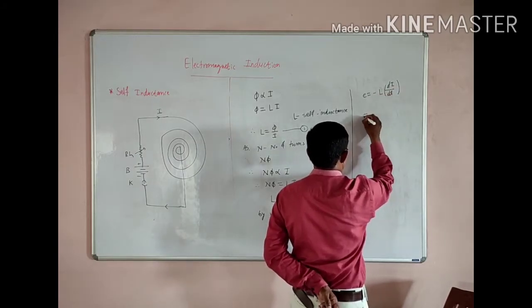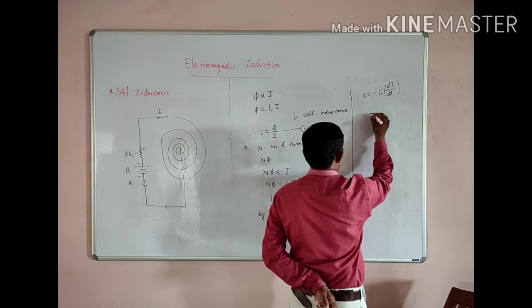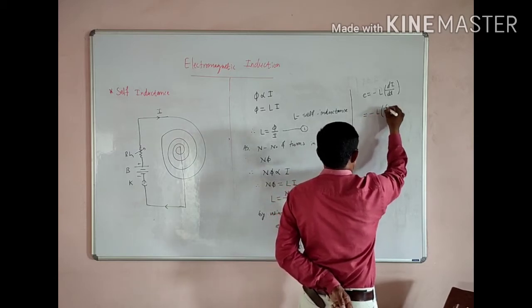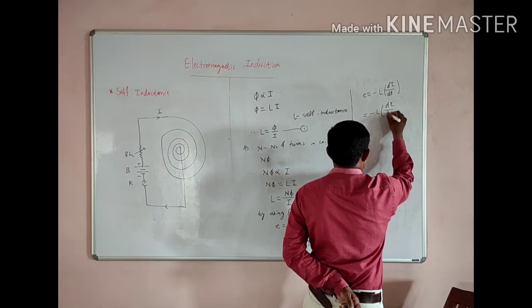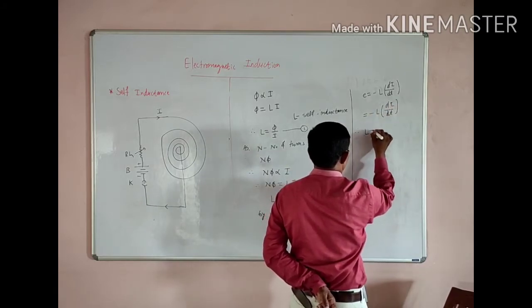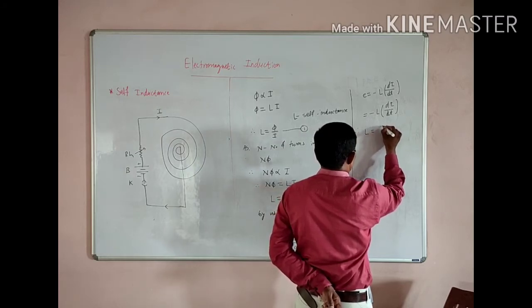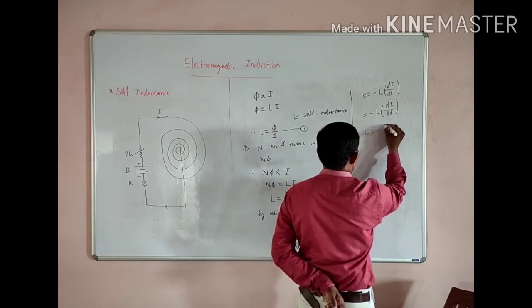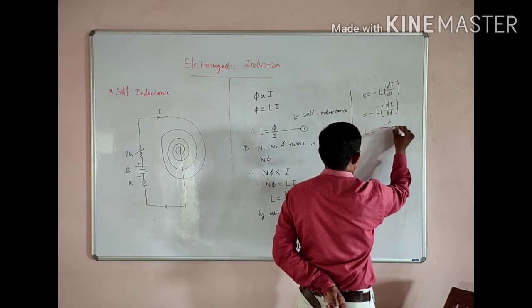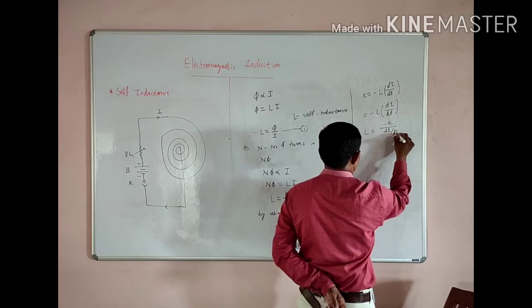So this is equal to minus L di by dt. Therefore, L is equal to minus E upon di by dt.